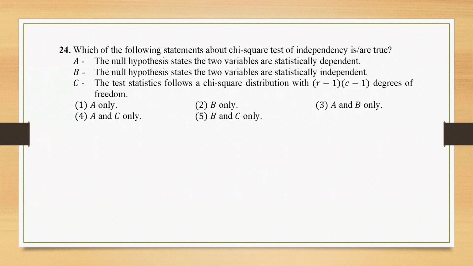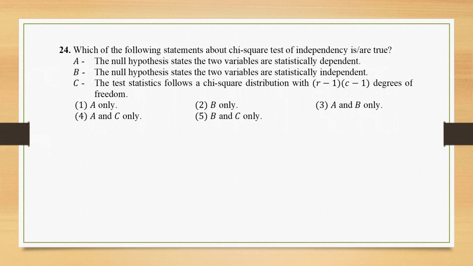This is related to the chi-square test of independence, because there is another test called the chi-square test for goodness of fit. This one is about independence. Let's consider A. The null hypothesis states the two variables are statistically dependent.